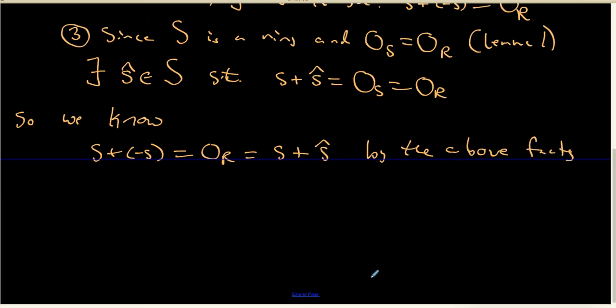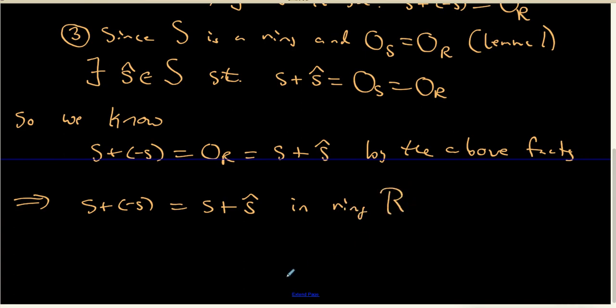Now, since s and s hat are both in S, and S is a subset of R, this particular equation is an equation inside the ring R. In other words, we know that s plus minus s is equal to s plus s hat inside the ring capital R.